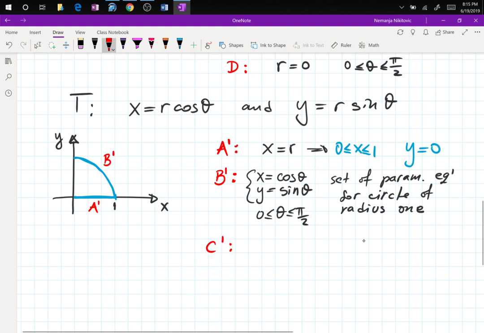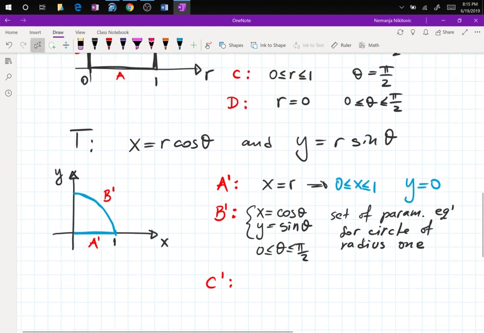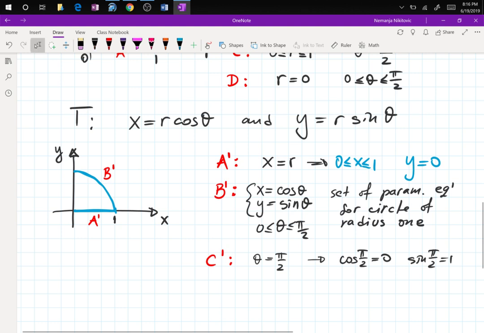C prime, your r is between 0 and 1, and the theta is always pi over 2. Well, if theta is always pi over 2, then your cosine of pi over 2 is equal to 0, and your sine of pi over 2 is equal to 1. So the x is equal to r times 0, which is 0, so x is always 0. And y equals r times 1, so y is equal to r.